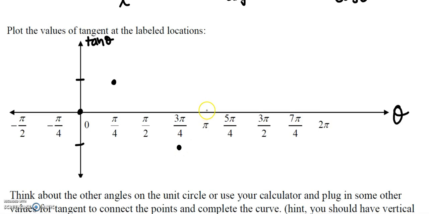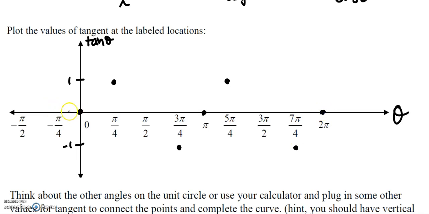Tangent of pi is 0, because 0 over 1 is 0. Tangent of 5 pi over 4 is 1. Probably label those. 3 pi over 2, undefined. I'm going to skip that for a second. Tangent of 7 pi over 4, we are back at -1. Tangent of 2 pi is 0.